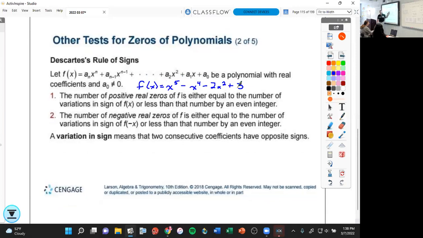Positive. It's now negative, and it stayed negative, and it's now positive. How many times did the sign change? It changed here, and it changed here, right? It went from positive to negative, and then it went from negative to positive. So how many sign changes was that? 2 sign changes.